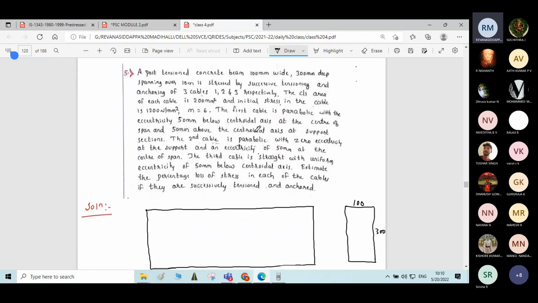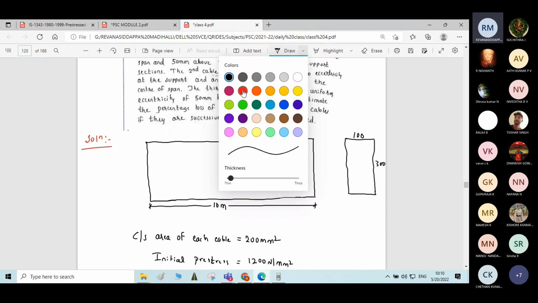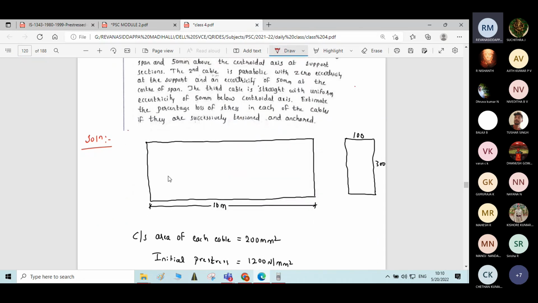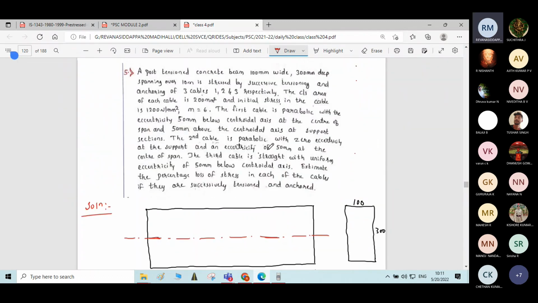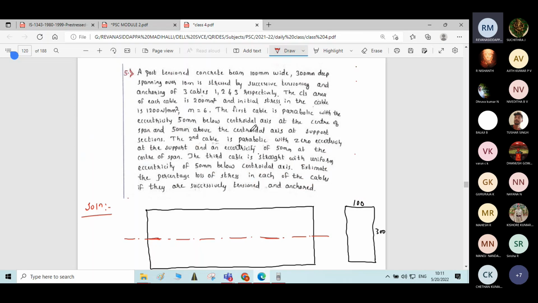The first cable is parabolic with an eccentricity of 50 mm below the central axis at the center of the span and 50 mm above the central axis at the support section. First, you write the neutral axis or the central axis for the figure. He has clearly told the profile of the first cable.